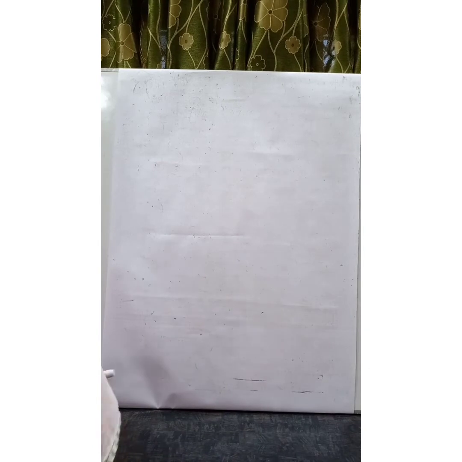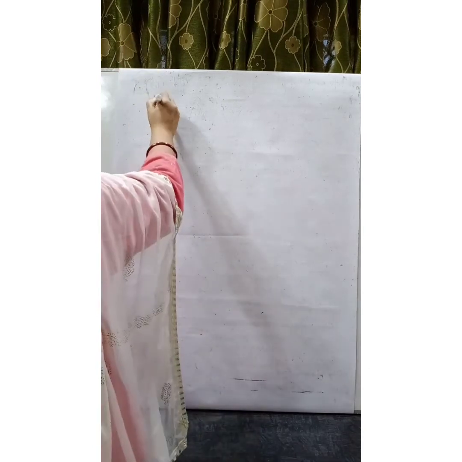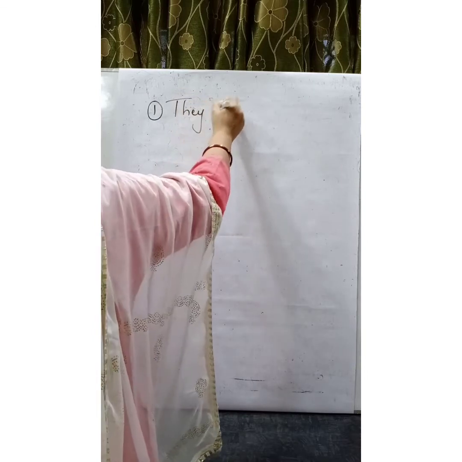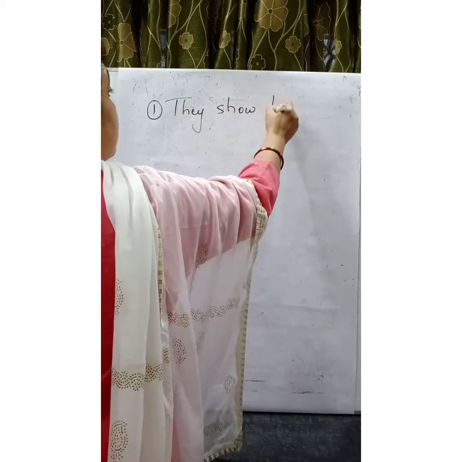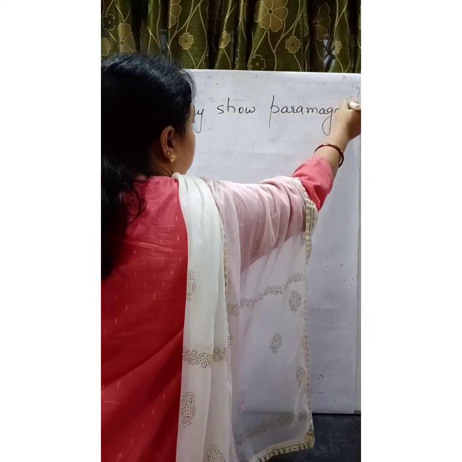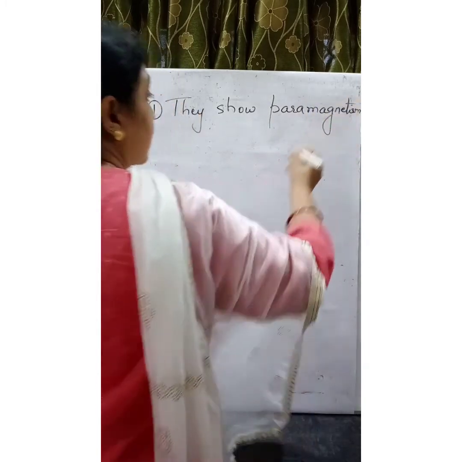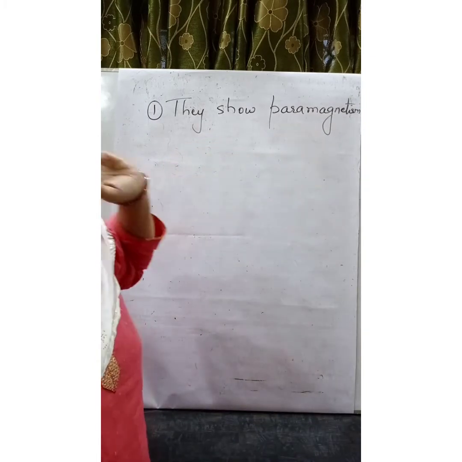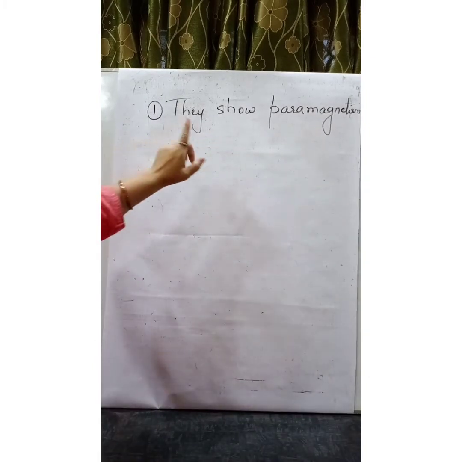The first characteristic shown by transition elements is that they show paramagnetism. What is the reason for this paramagnetic nature of transition elements?